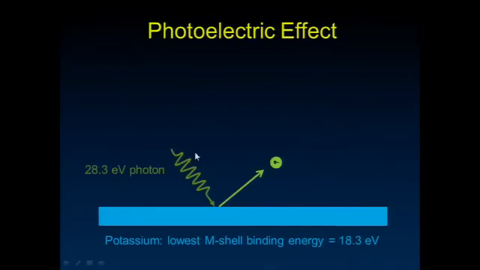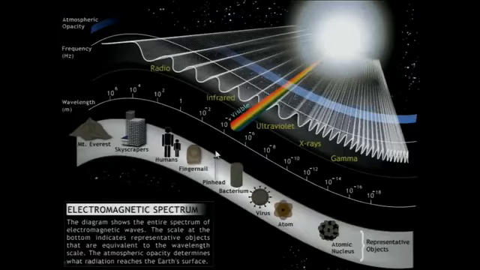But once you go above that threshold, you immediately can kick out some of those electrons from the shells of potassium, emphasizing that particulate nature of electromagnetic radiation. So that's the photoelectric effect. It'll be really important to us in a little while as we talk about some of the X-ray interactions with matter that happen when we make a radiograph.